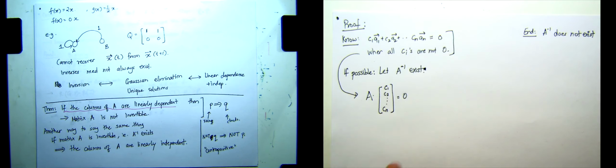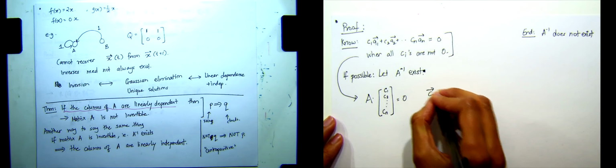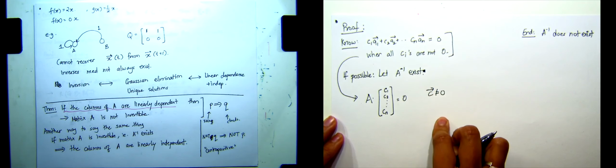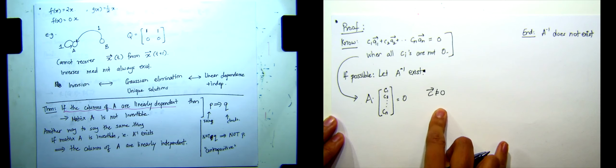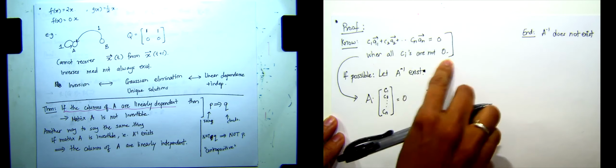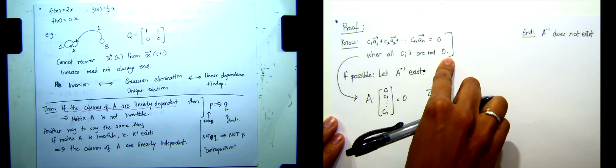This is basically the same expression written differently. And I know now this vector C is not the 0 vector. Why do I know that? By my assumption, by this linear dependence.